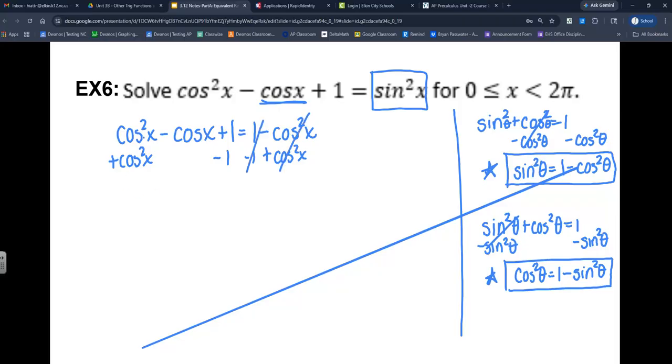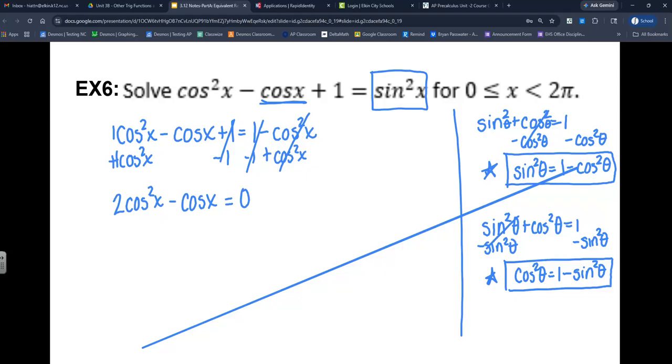What is cosine squared x plus cosine squared x? 2 cosine squared x. When you're adding, it's just like 1 and 1 gets added together to give you 2. You don't change the exponents there. Minus cosine x, and positive 1, negative 1 cancels each other out, so I just have this.